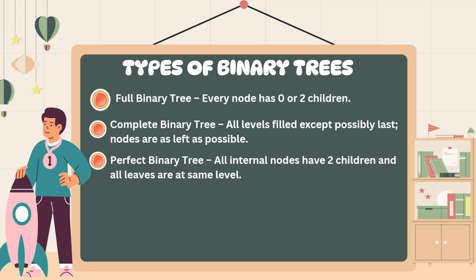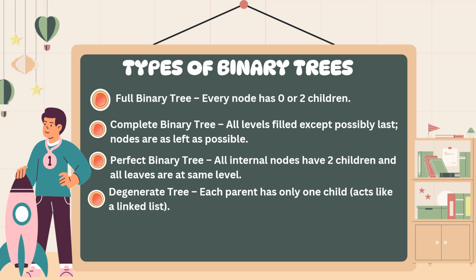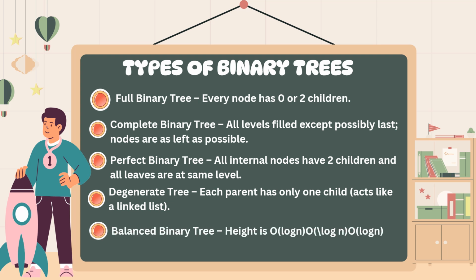Perfect binary tree: all internal nodes have two children and all leaf nodes are at the same level. Degenerate or pathological tree: every parent node has one child, making it look like a linked list. Balanced binary tree: the height difference between the left and the right subtrees of any node is at most 1.